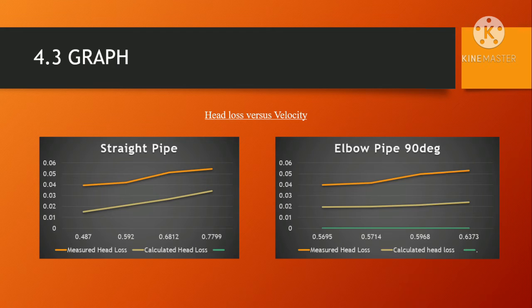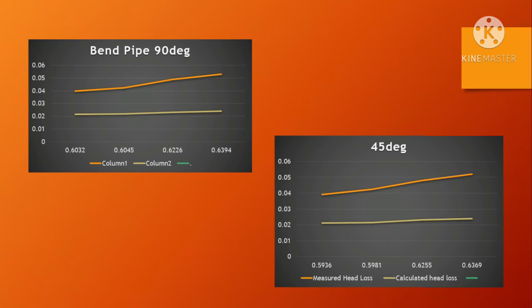The orange line is the measured head loss and the yellow line is the calculated head loss. The same goes for the elbow pipe for 90 degree, which is the graph at the right side. Next, we also can see the bend pipe for 90 degree and the 45 degree for the data.